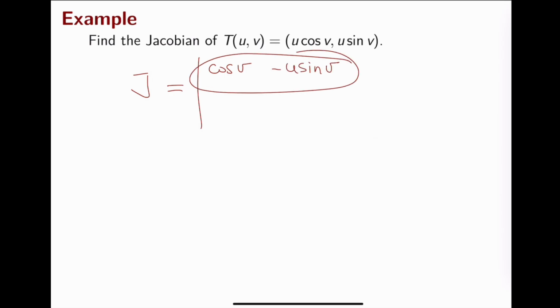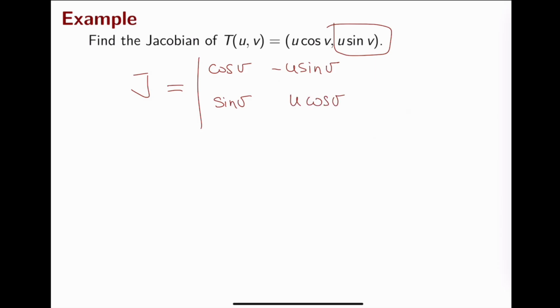Observe that this row is the derivatives of just the first component. For the second row, we look at only the second component and do the same. The derivative with respect to u is going to be sine of v, and the derivative with respect to v is going to be u cosine of v.